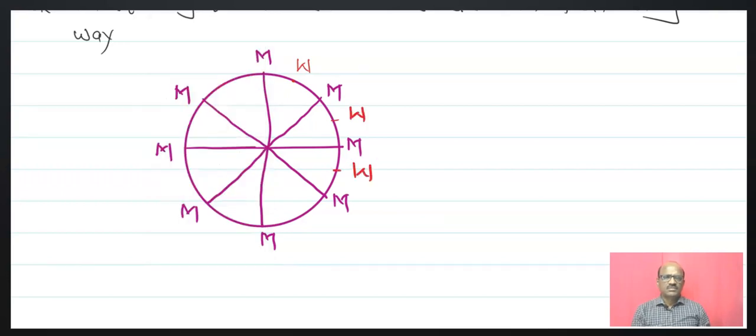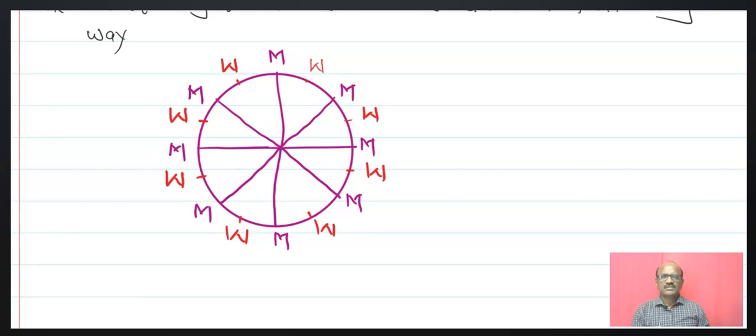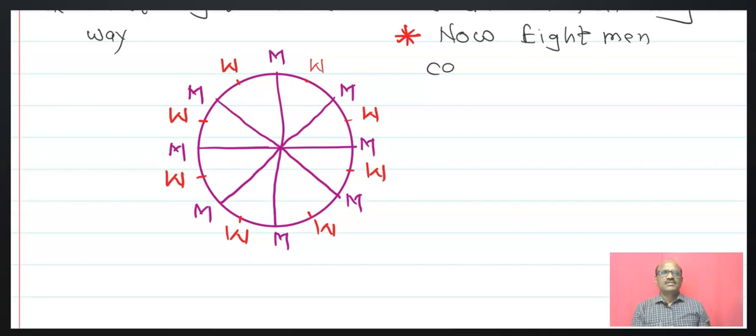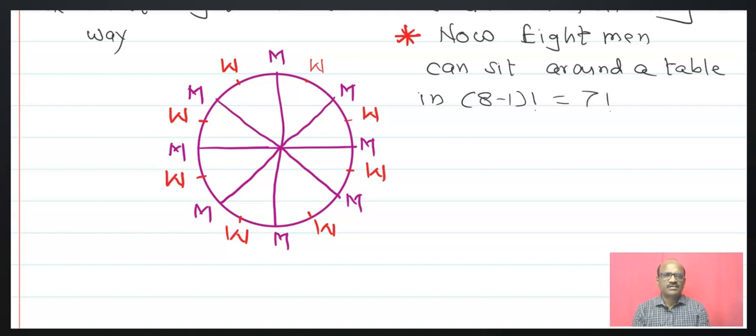That is 1, 2, 3, 4, 5, 6, 7, and 8. Therefore, now 8 men can be seated around a table. That is 8 minus 1 factorial, that is 7 factorial ways.